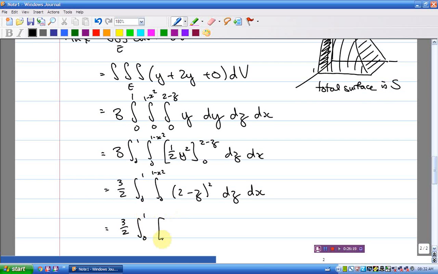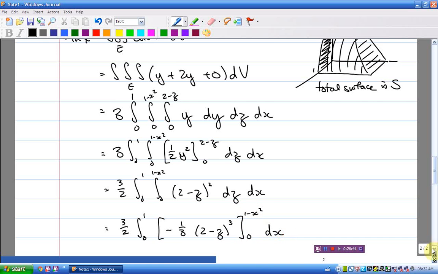But now I'm going to ask myself, what did I differentiate to get that thing? And it's going to be minus 1/3 (2 minus z) cubed. Multiply out that binomial with absolute pleasure, no harm in doing so, but I can see that leaving it like this actually gives me a slightly simpler expression in the next line.